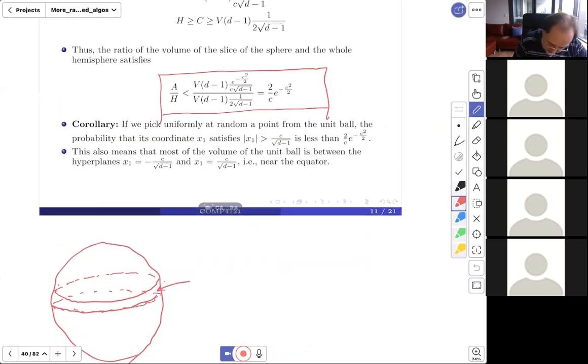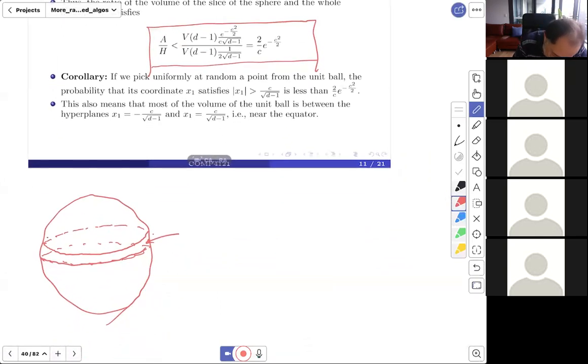So this distance here is c divided by square root of d minus 1. So clearly c can be bigger than 0 and smaller than square root of d minus 1.